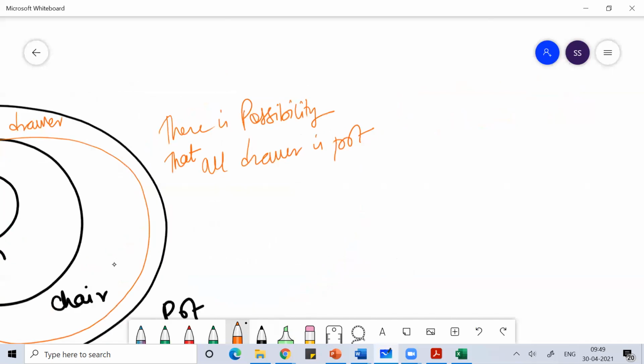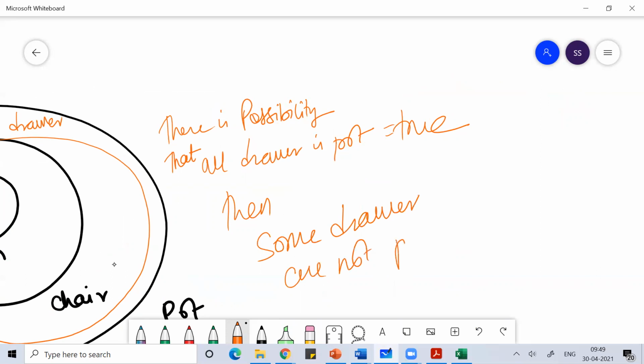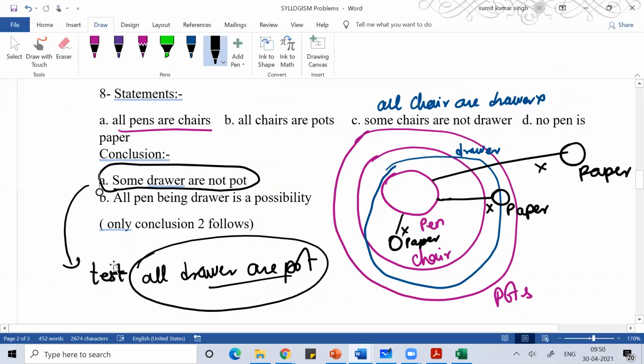If this is true, then the statement that some drawers are not pot is false.